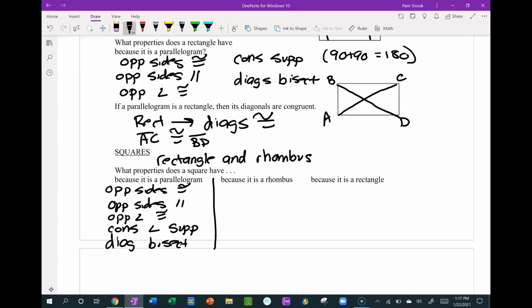Now we're going to add in the rhombus features. Not only are opposite sides congruent, all four sides congruent. And our diagonals, not only do they bisect each other, they're also perpendicular. And those diagonals bisect the opposite angles.